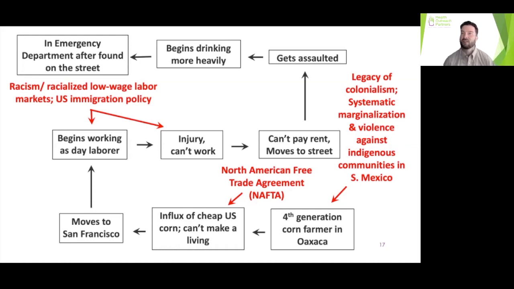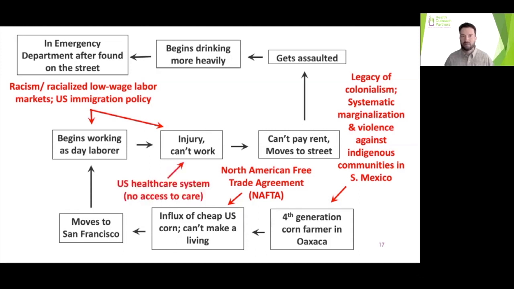And in the US, we have a very strict and very controversial immigration policy that makes it really difficult, especially for somebody who comes undocumented to the US. We also have racist and racialized low-wage labor markets with limited opportunities for somebody in that circumstance to find work and work with protections and benefits.